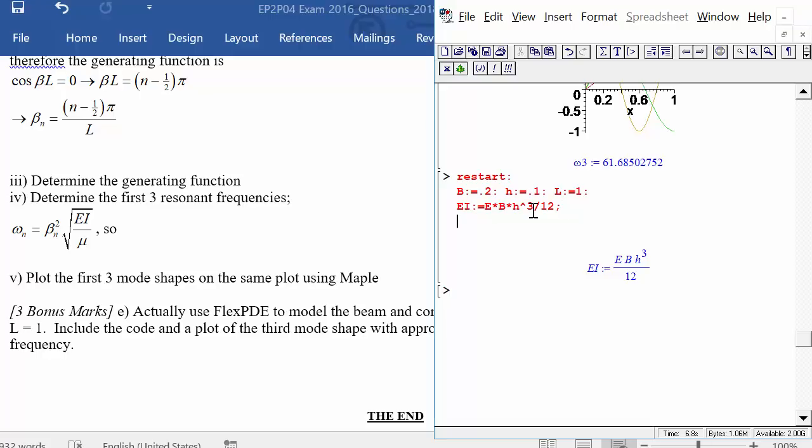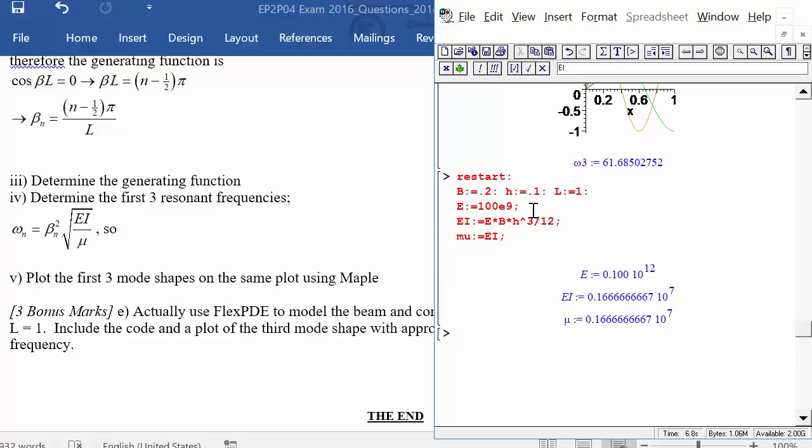Then what we're going to do is say that E is equal to 100E9 to make it a little bit more typical, and we can figure out what our mass per unit length needs to be. And then from the mass per unit length, we can figure out what the density has to be.